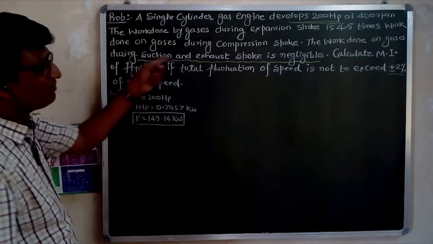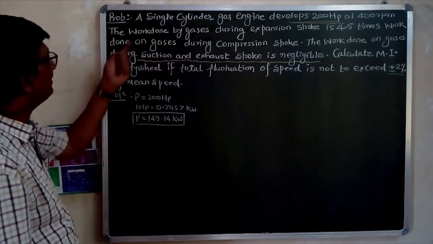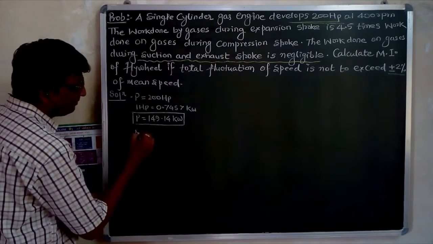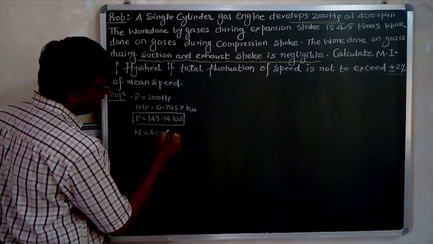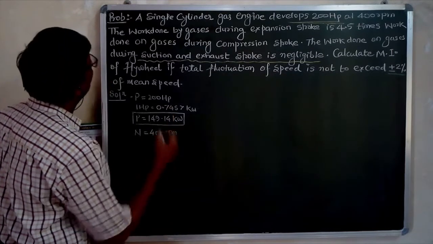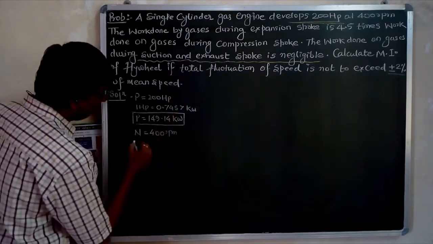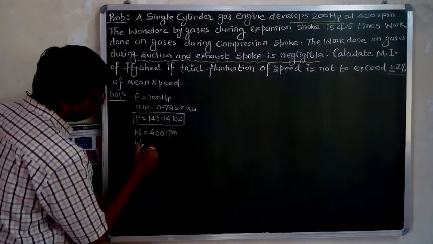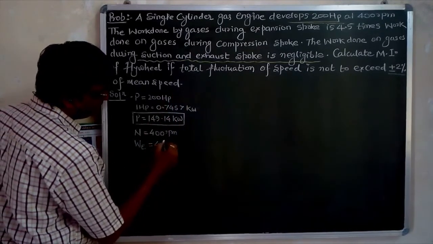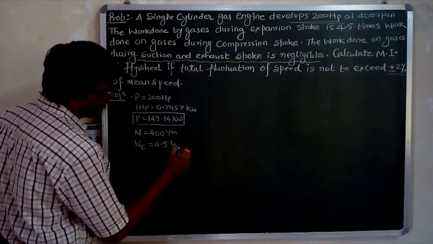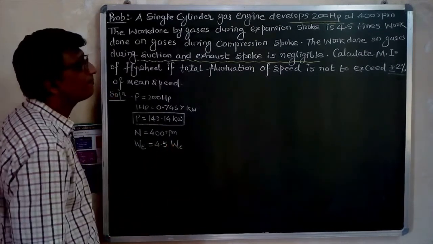Then you have a 4-stroke cycle. Then N is given as 400 RPM. Then work of expansion is 4.5 times work of compression.